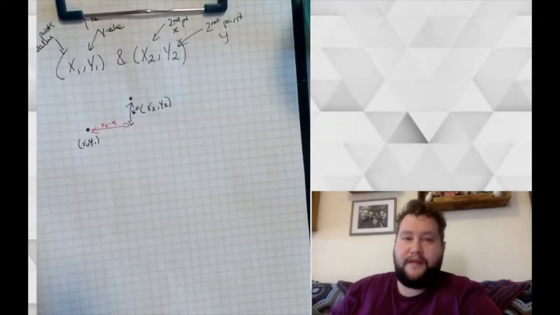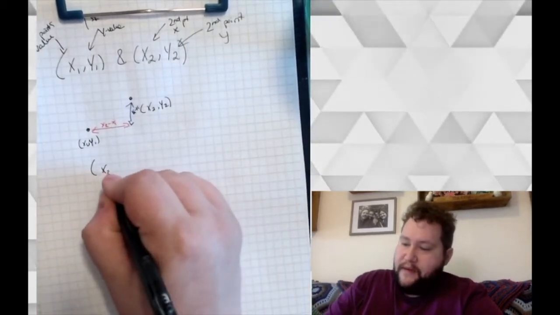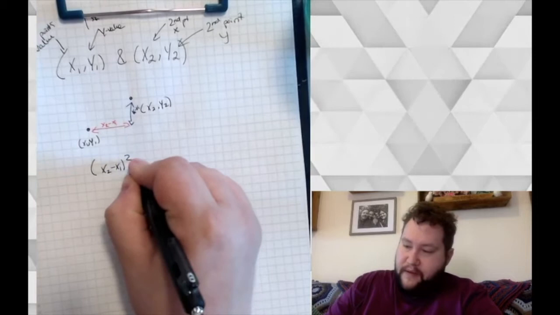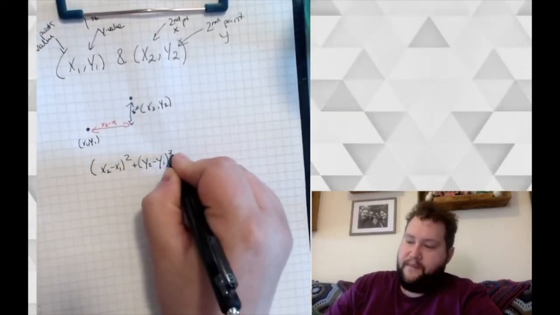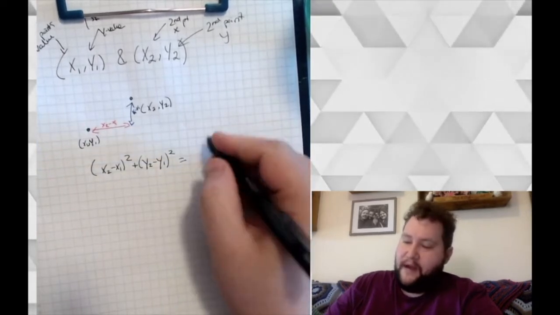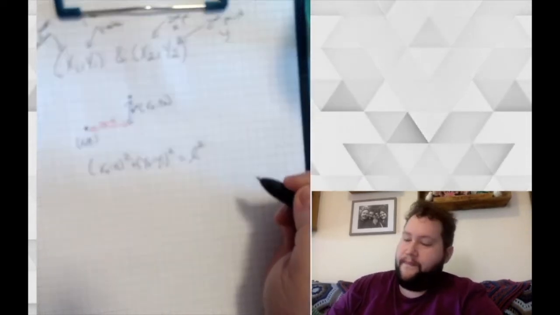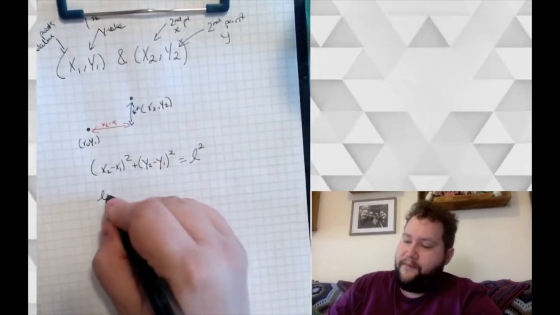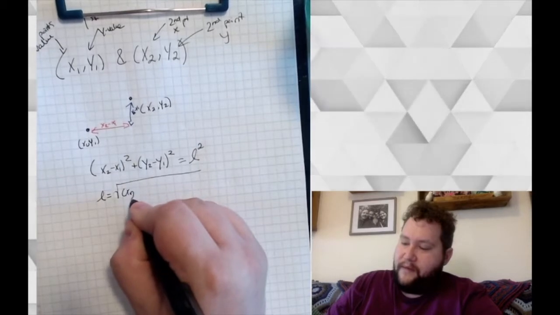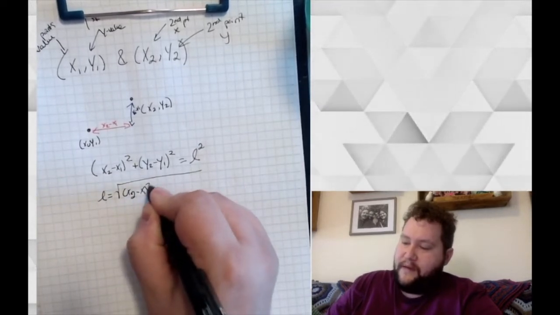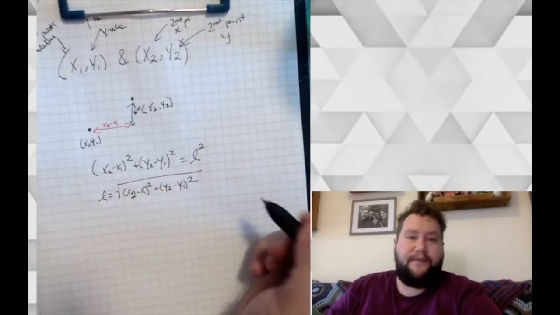And so by our Pythagorean theorem, we know that (x2 minus x1) squared plus (y2 minus y1) squared is that length we care about. We'll call it L squared. And we can take our square root, and we get L equals the square root of (x2 minus x1) squared plus (y2 minus y1) squared.